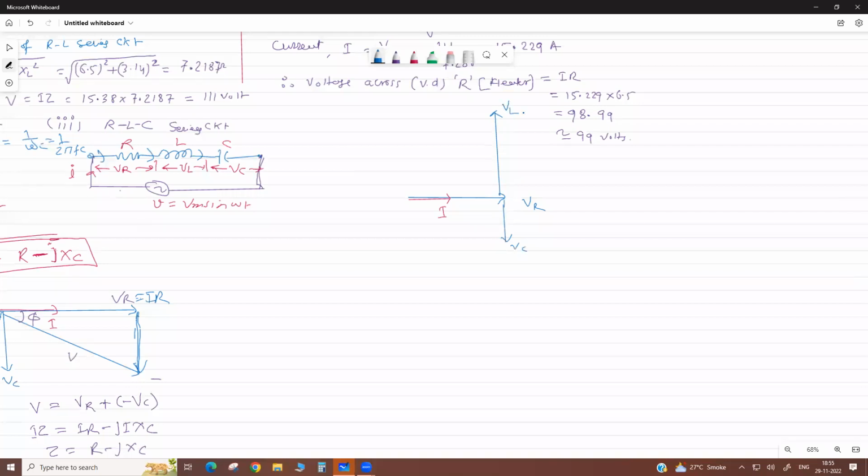This is VL. If we calculate the resultant total voltage, the negative side is subtracted from this side, which gives the difference.